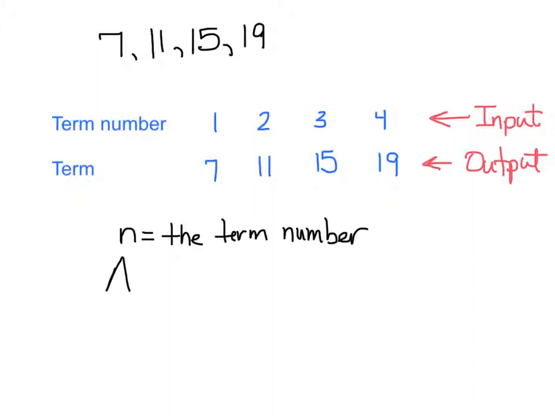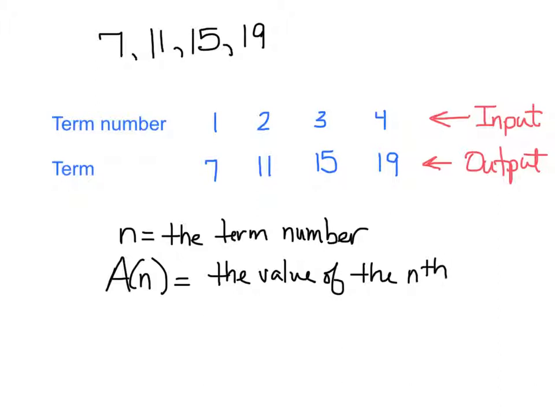I'm going to let a of n, which is your output, represent the value of the nth term of the sequence. So that would mean this. The first term of the sequence would give me a value of 7.